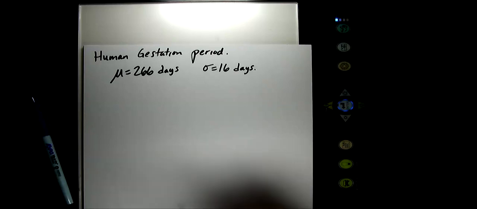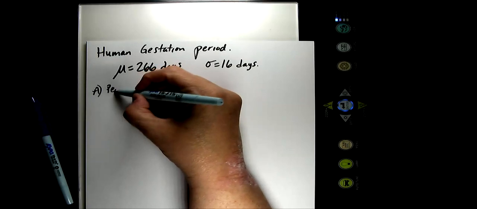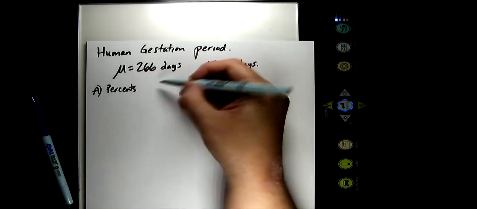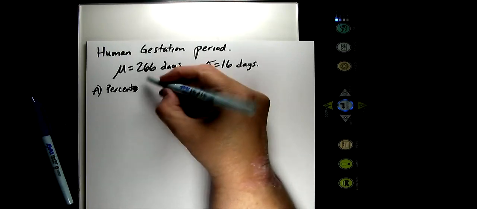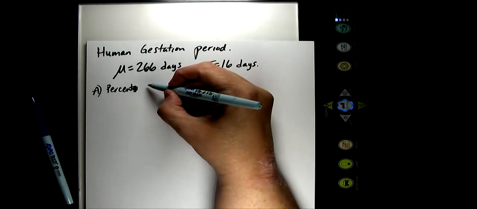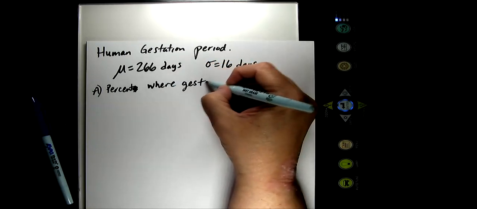So let's look at a few things. We're going to look at A, the percent where gestation is more than 270 days.